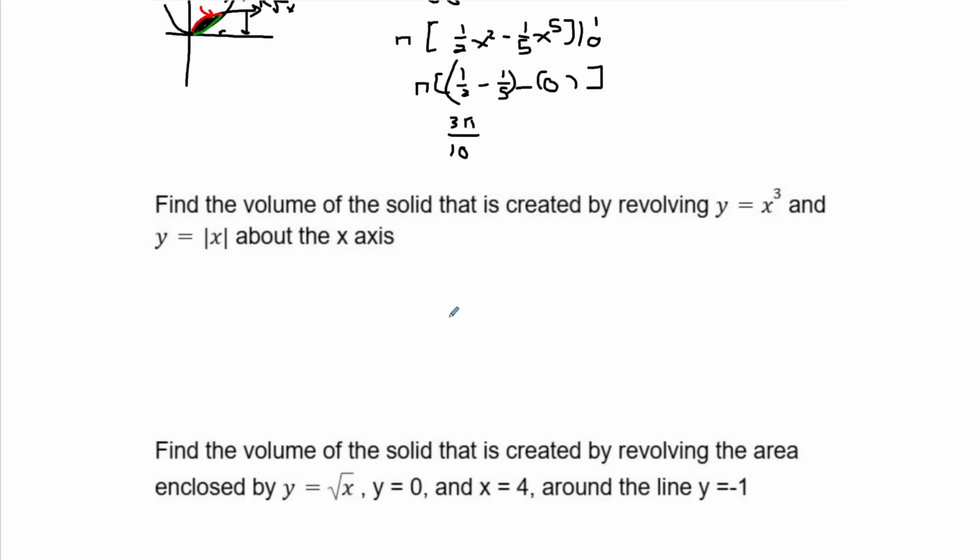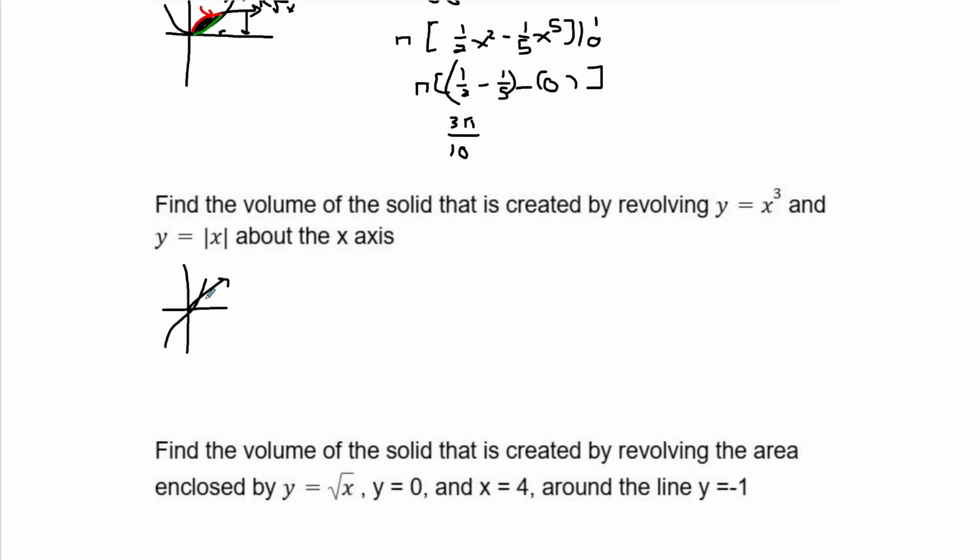So let's look at some more examples. Find the volume of the solid that is created by revolving y equals x cubed and y equals absolute value of x about the x-axis. It looks like our x cubed is going to look like this, and our absolute value of x is going to look like this.